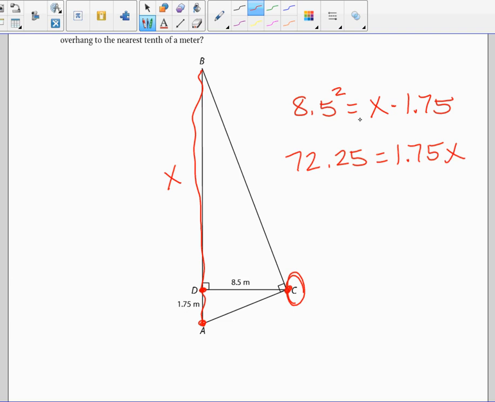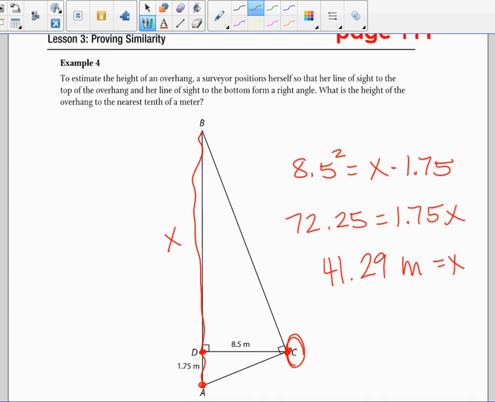Divide both sides by 1.75. It's not pretty, but round it to 2 decimal places correctly, and you get 41.29 meters for x.